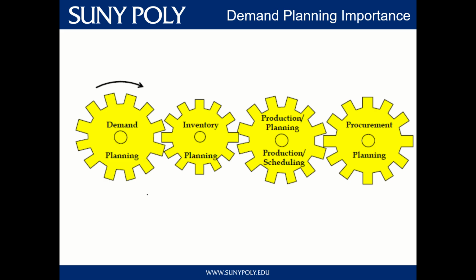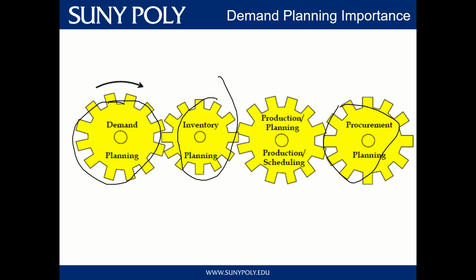In order to answer those questions, we need what we call demand planning. So we need forecasts about the demand of our products or services, because with that information, we can start planning the inventory, the procurement, the manufacturing, even from the financial perspective.